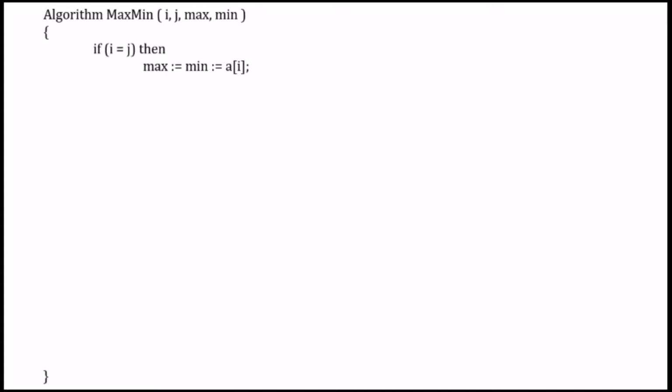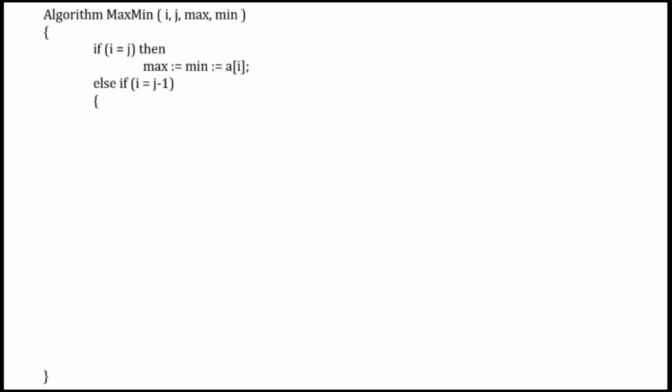If not, then we will check another condition, that is, if there are only two elements in the list. Suppose the value of i is 1 and the value of j is 2, then we will compare i equal to j minus 1.